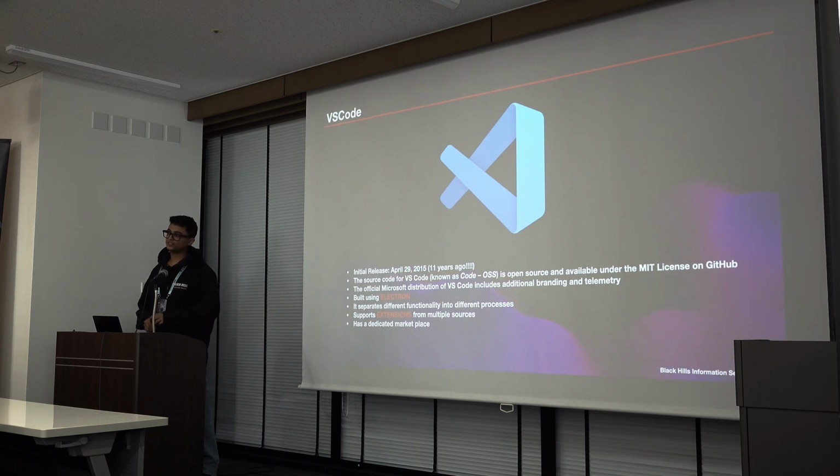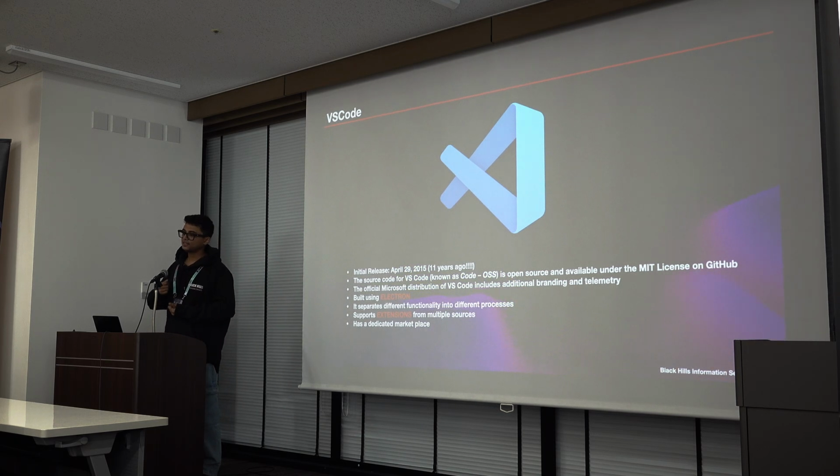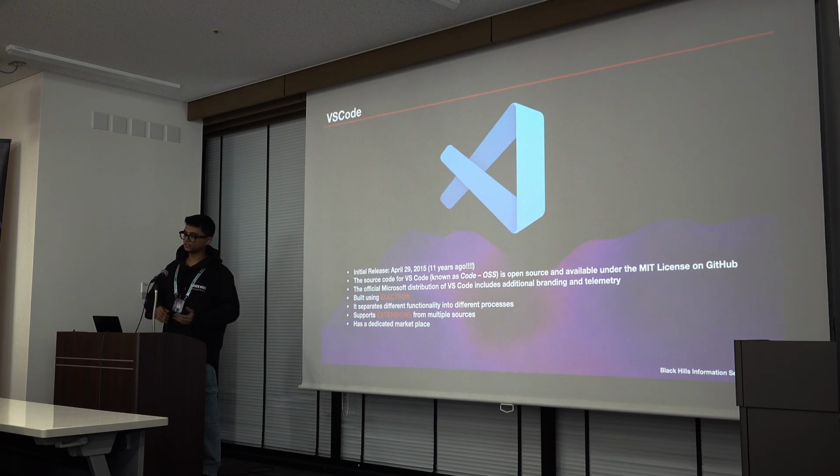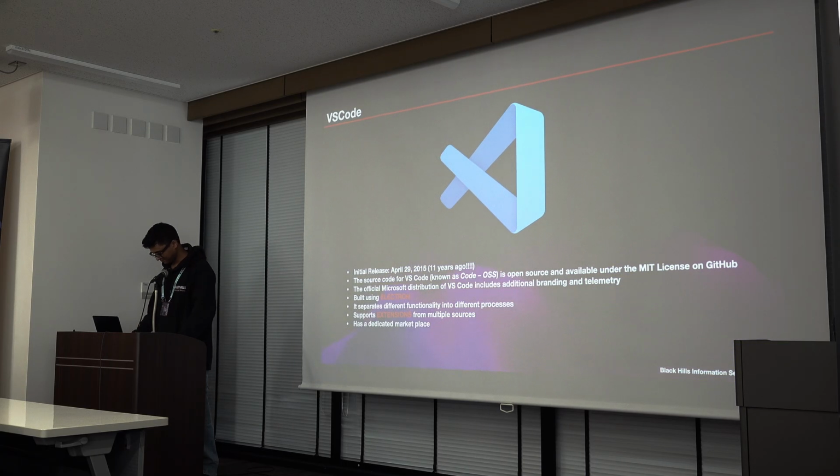Another very important thing is that VS Code offloads each of its tasks to its own process. You might think other IDEs would delegate a task to a thread, but VS Code does it at a process level. Rendering is controlled by one process, loading extensions is controlled by another process, and so on.